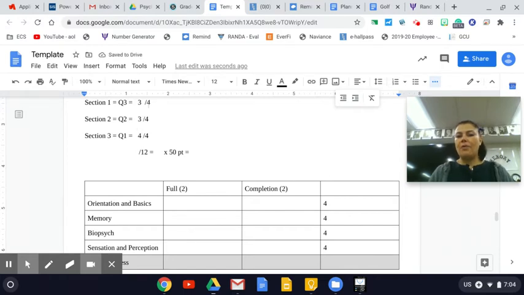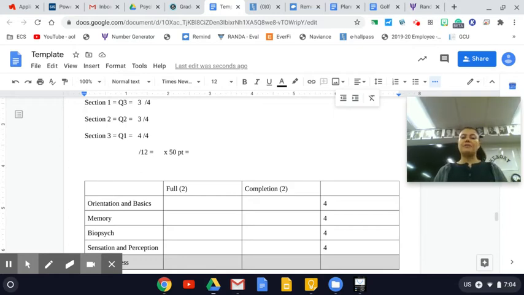Now, 4 plus 4 plus 4 is 12, so the reader's notebook is out of 12 for each section. You can see which question I graded right here. Q3 for section 1 is what I graded. I take a sample of the 3 questions you had to write for section 1. I took a sample of Q3.